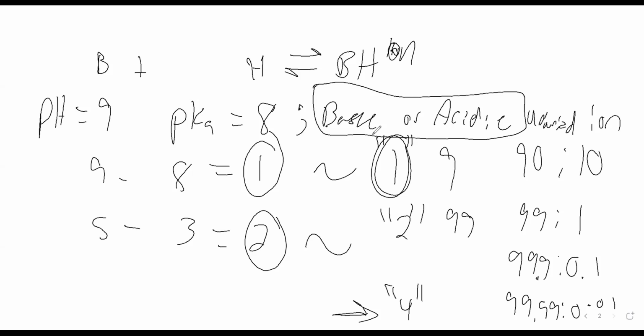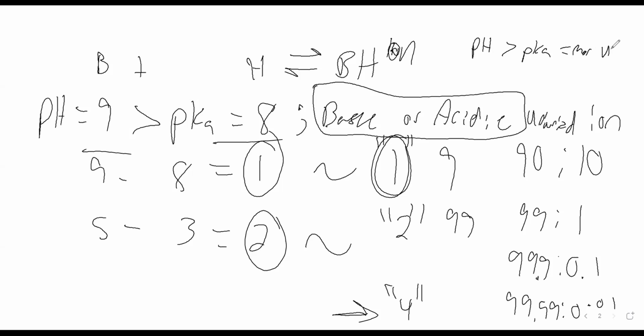There are 4 parts to this. So you need a pH and a pKa. Those are just facts. You don't really interpret those. They're just given to you. You need to know whether it's basic or acidic. And then you need to know the relationship between pH and pKa. So if pH is greater than pKa, you're going to see a greater percentage of unionized.